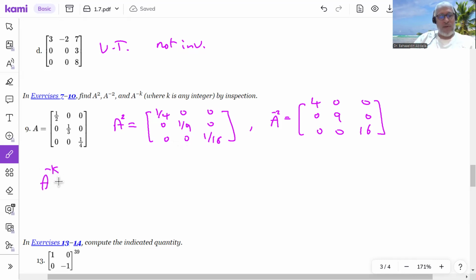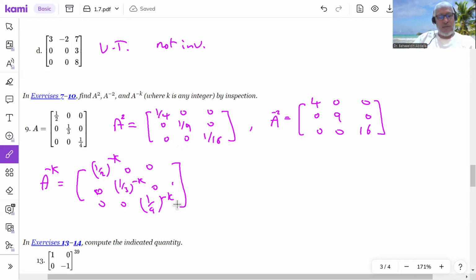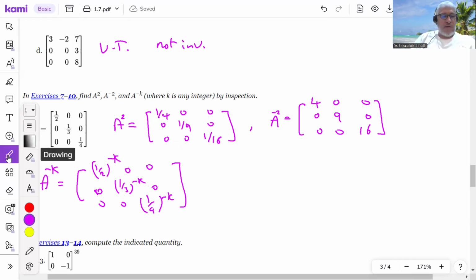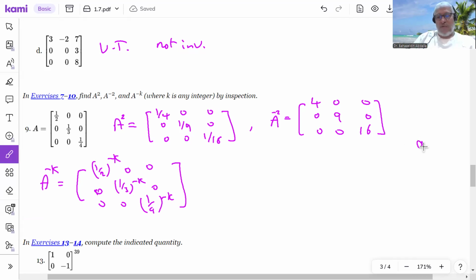A to the power minus k would be half to the power minus k, 1 over 3 to the power minus k, and 1 over 4 to the power negative k. And you know that whenever you have a over b to the power negative 1, this is in fact b over a.